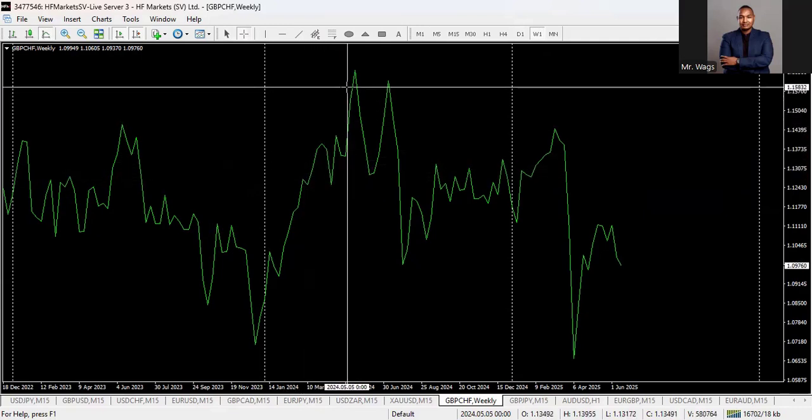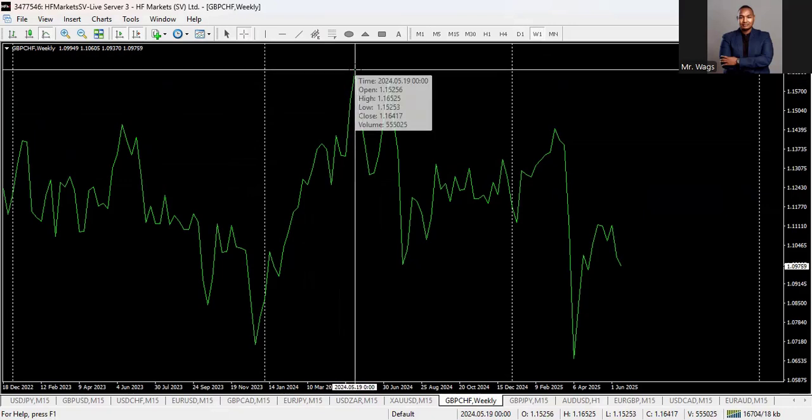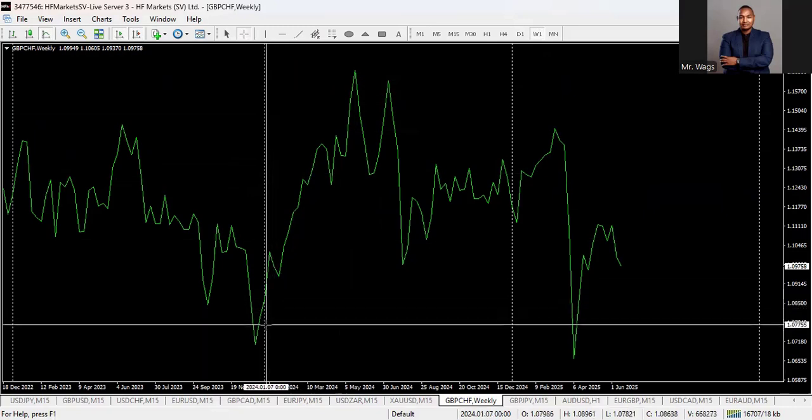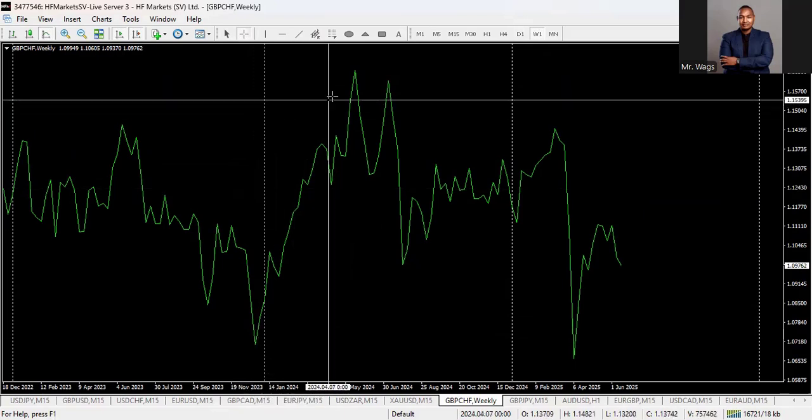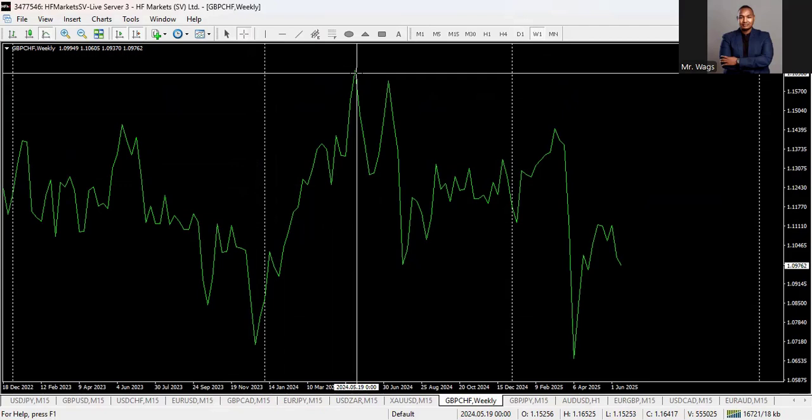It did rise up to 1.16427. So you can see that there is a great change in price or the exchange rate from this point to this point. So that simply means pound has gained strength against Swiss franc.